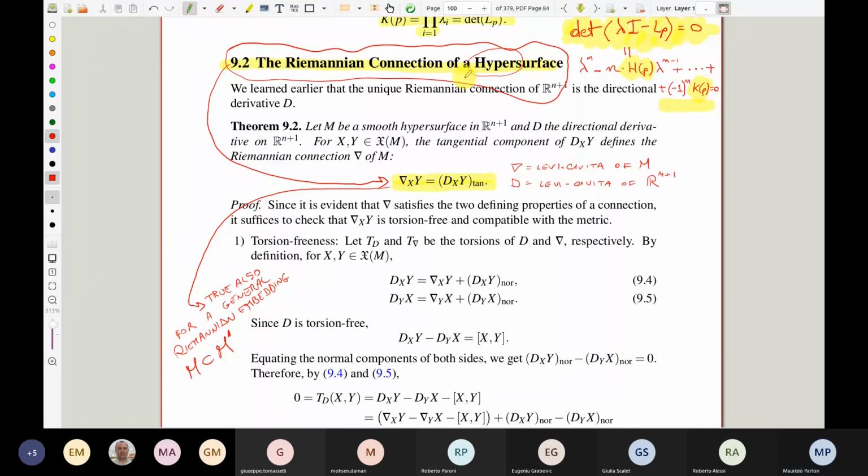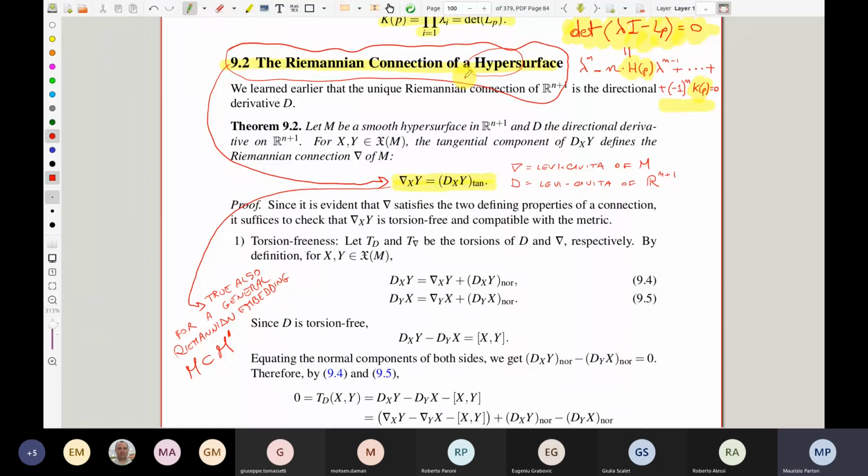Embedding means a regular immersion which is also injective. That means, from another point of view, that this is a subset of R^(n+1), and this subset is a manifold with the structure induced by the map of before, and this manifold structure is the same as the manifold structure induced by R^(n+1).